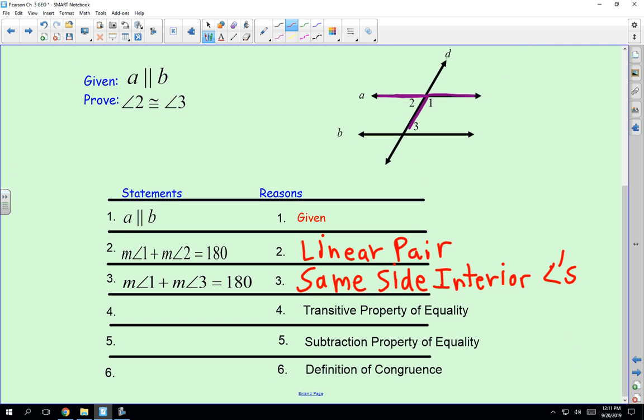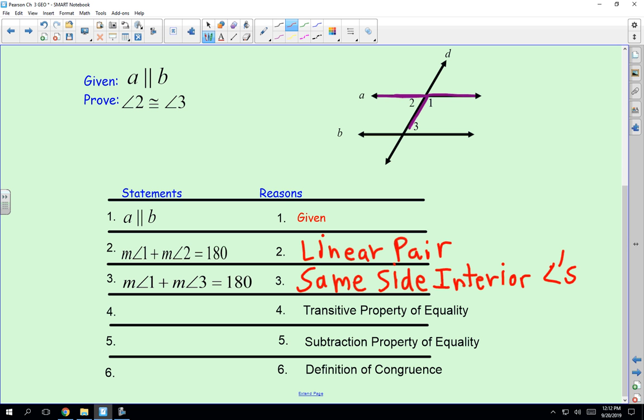When you see 2 things equal to the same thing, what do we do with them in the next step, typically? Yeah, set them equal to each other. That's kind of the pattern of these proofs, all 3 of the ones we're going to do right now and the ones you're going to do for practice.